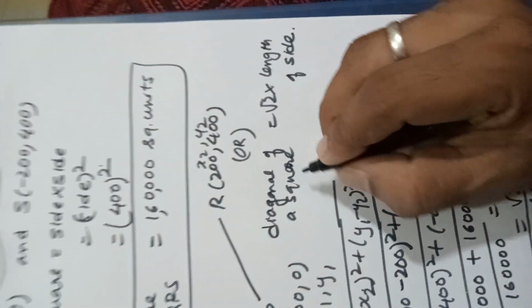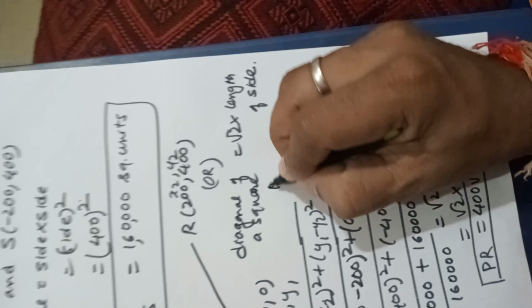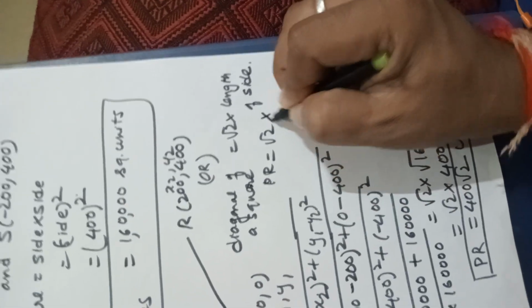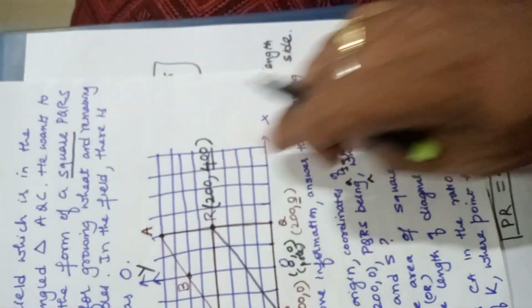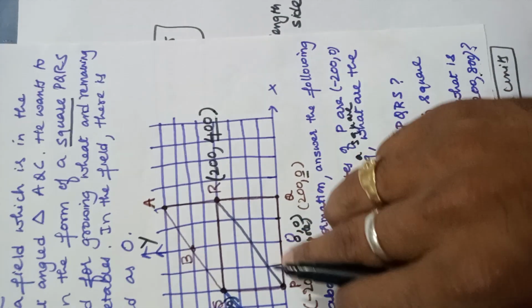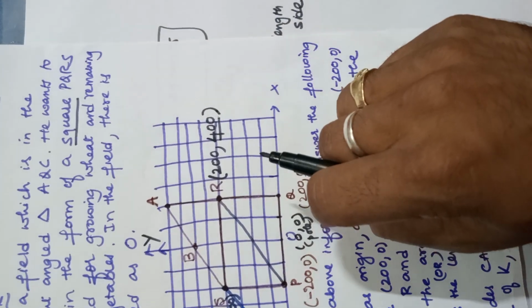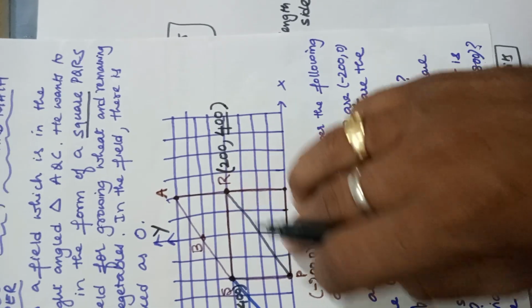So here, what is the diagonal of the square in which we are interested? It is PR. So PR will be equal to root 2 into what is the length of side of the square? We already got it as 400. While finding the area of the square, we were able to determine that the length of each side of the square is equal to 400.